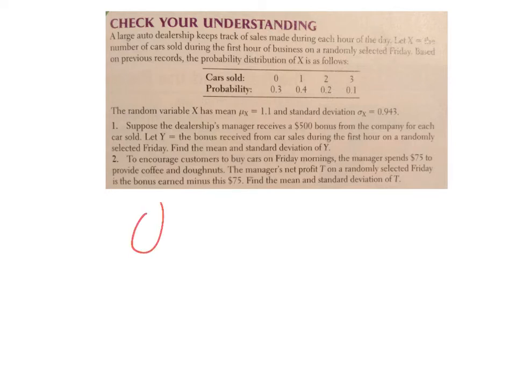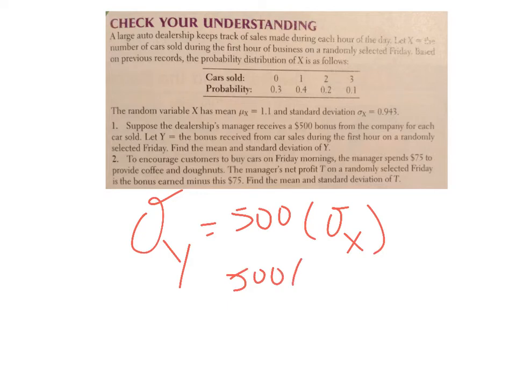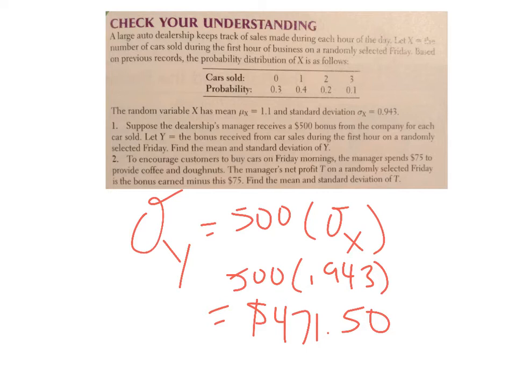My standard deviation of Y is going to be equal to 500 times the standard deviation of X. Remember, I always have to show my work. 500 times 0.943, which is going to give me $471.50, meaning that he will typically vary from that $550 by $471.50.